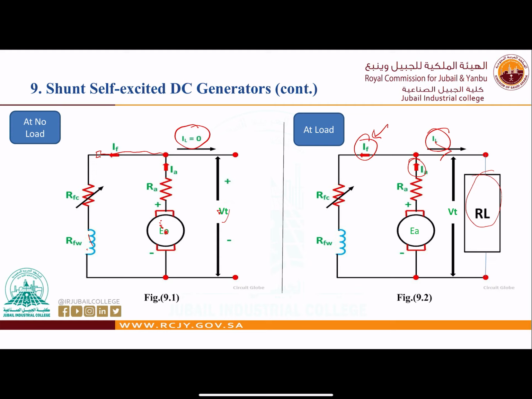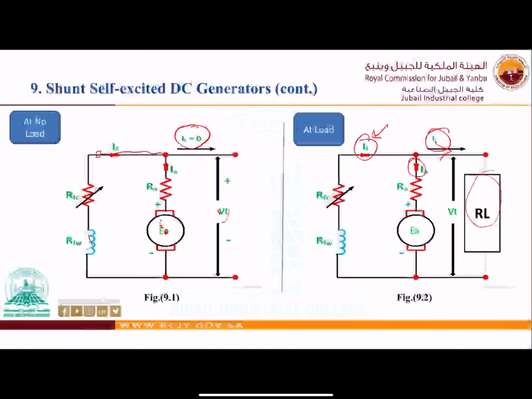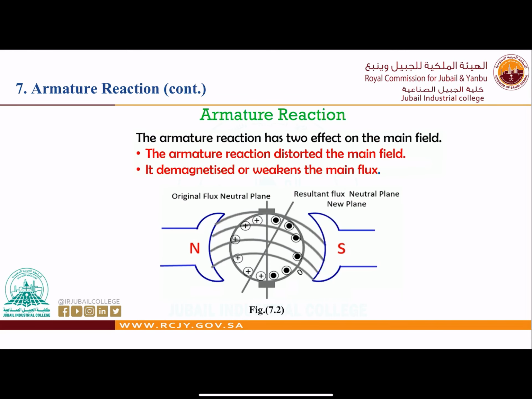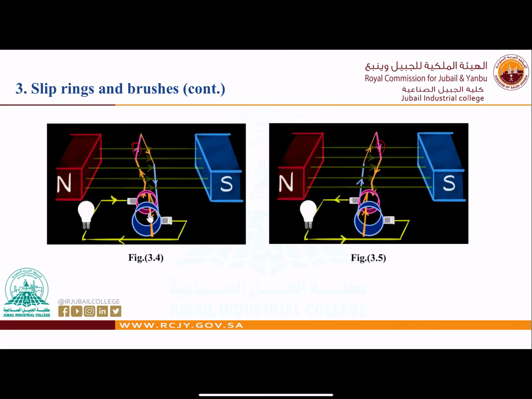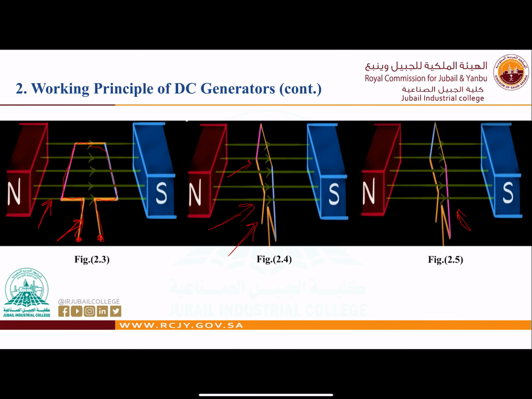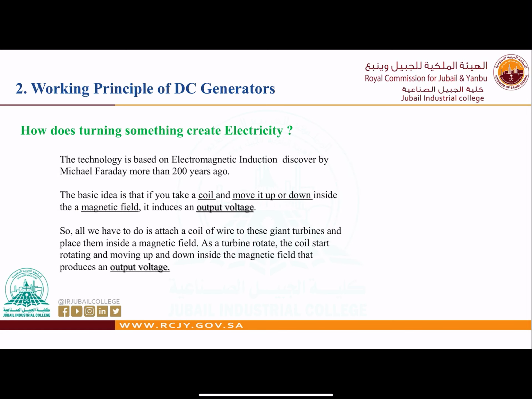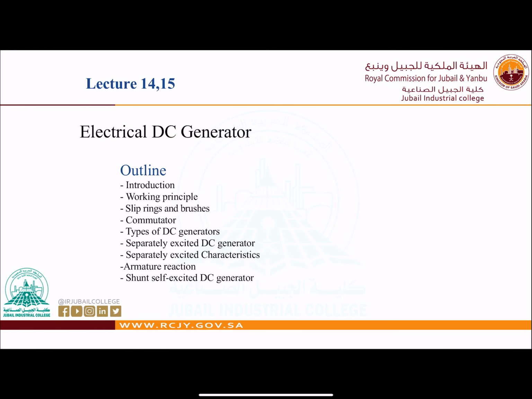So this is all about our lecture today. We explained how the current is generated in a generator, and how we can get one direction of the current by using the commutator.